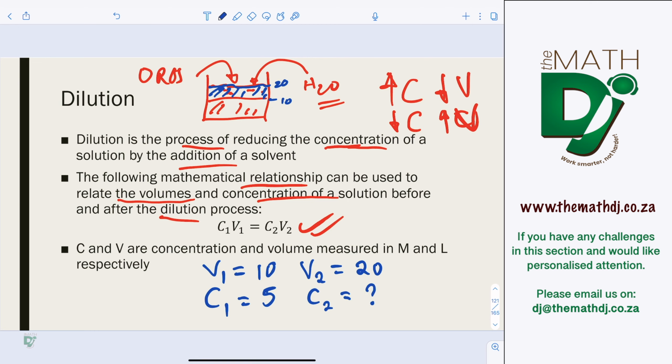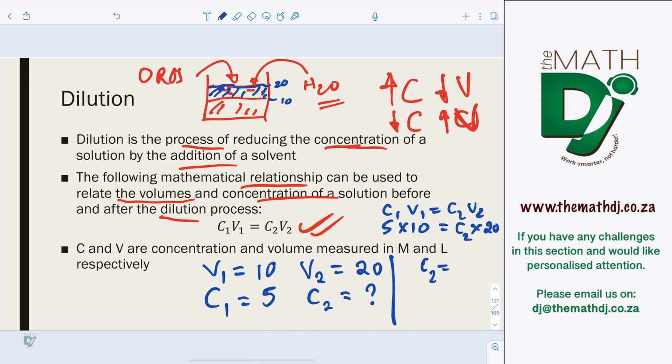So you use this equation now. You know that C1 V1 equals C2 V2. So you do 5 times 10 for C1 V1. C2 we don't know, but we know the volume is 20. So now you solve for C2.